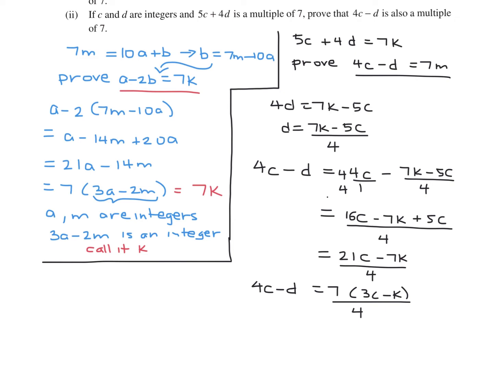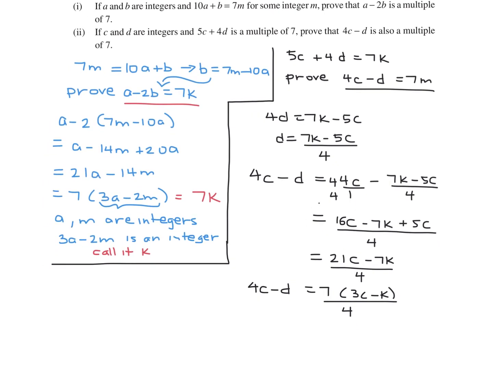Now, we are told that 4c minus d, we have to prove that it's a multiple of 7. Okay. c and d are integers. So since c and d are integers, 4c minus d is also an integer. Okay. So the only way that can be an integer is if this is an integer, right?